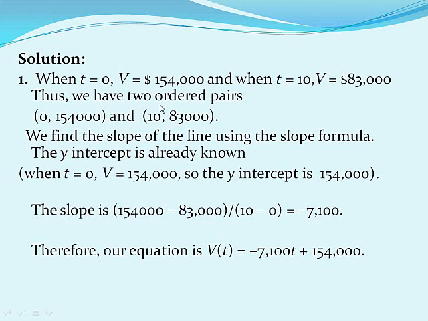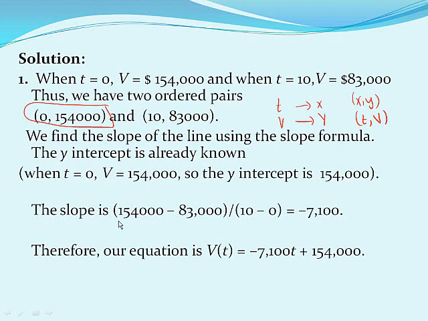So we have the 2 ordered pairs, (0, 154,000) and (10, 83,000). We find the slope of the line using the slope formula. The y-intercept is already known because when t equal to 0, the value of b is $154,000. So the y-intercept is going to be 154,000.